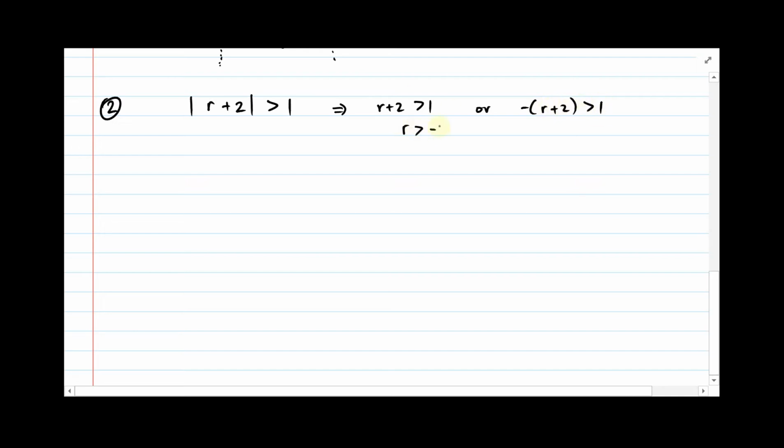Simplifying each part, r is greater than negative 1; negative r minus 2, negative r is greater than 3, so r is less than negative 3. I'm dividing by minus 1, which is why I reverse that inequality.